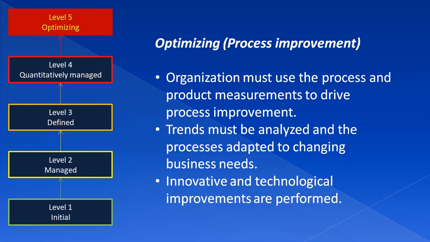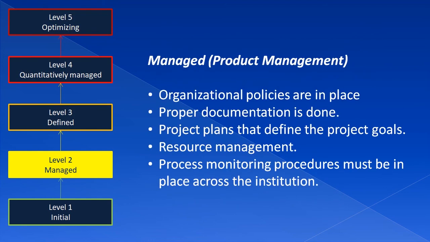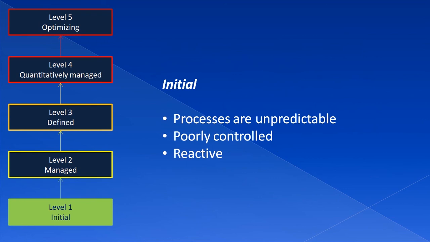Finally, I would like to make a point: follow this capability maturity model in your life. Initially, when you are starting, your processes are unpredictable. You have no control over your life, and you react to everything outside your world.